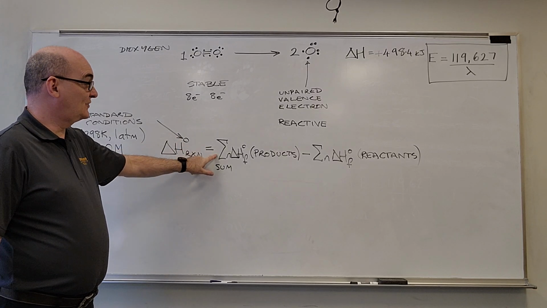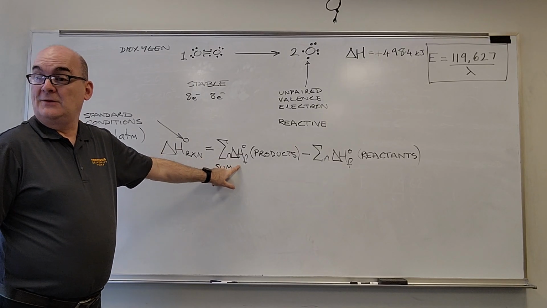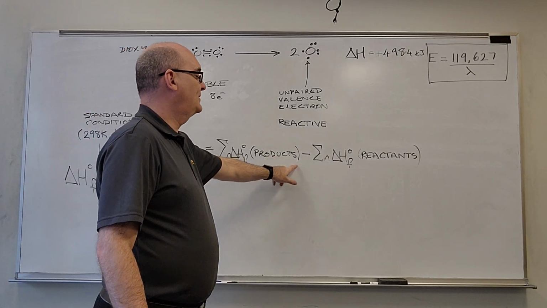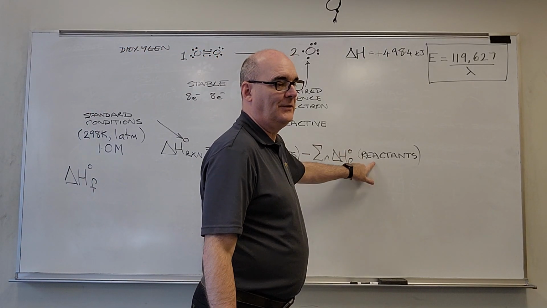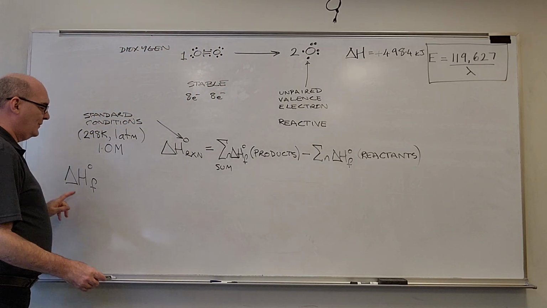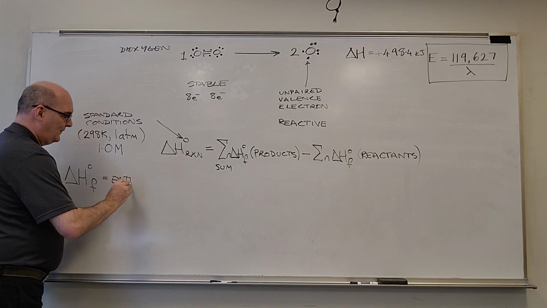It is equal to the sum of the number of moles times the enthalpy of formation under standard conditions of all the products, minus the sum of all the number of moles times the enthalpy of formation under standard conditions of the reactants. So we need to define what this is. This is called the enthalpy of formation.